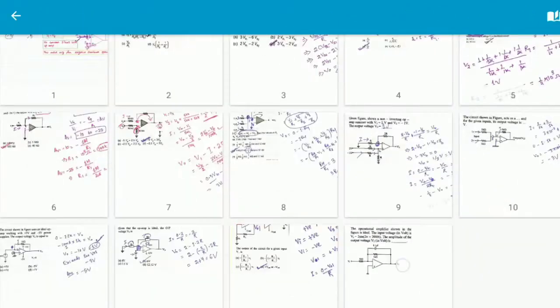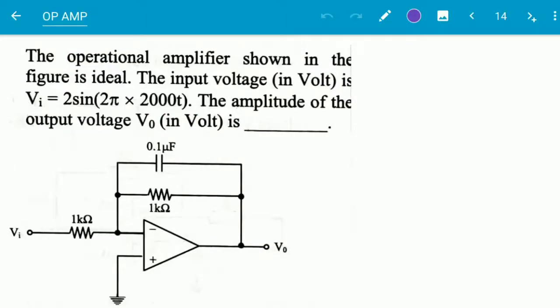So the last question: the operational amplifier shown in the figure is ideal. The input voltage in volt is Vi equal to 2 sin 2 pi into 2000 t.